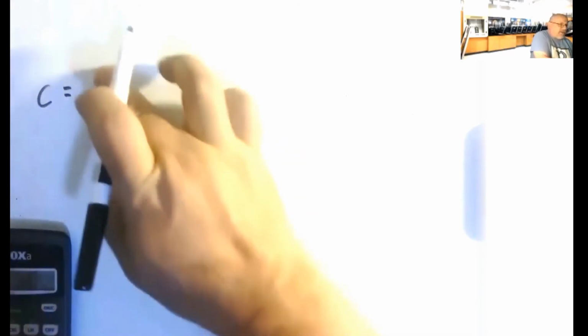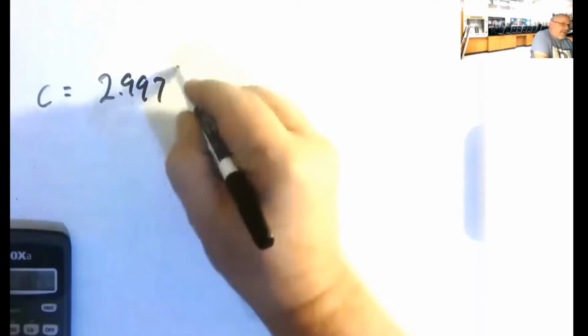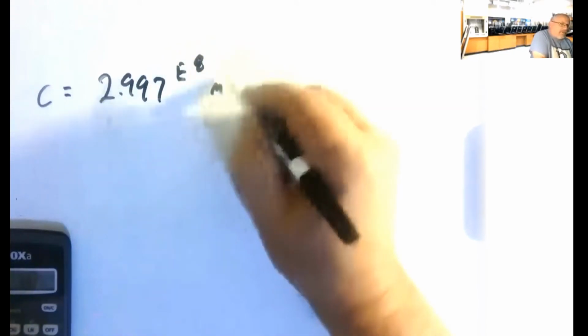The math takes advantage of the fact that the speed of light, again, we represent that with the letter C because, you know, it's a constant. And again, it is 2.997 times 10 to the 8th meters per second.